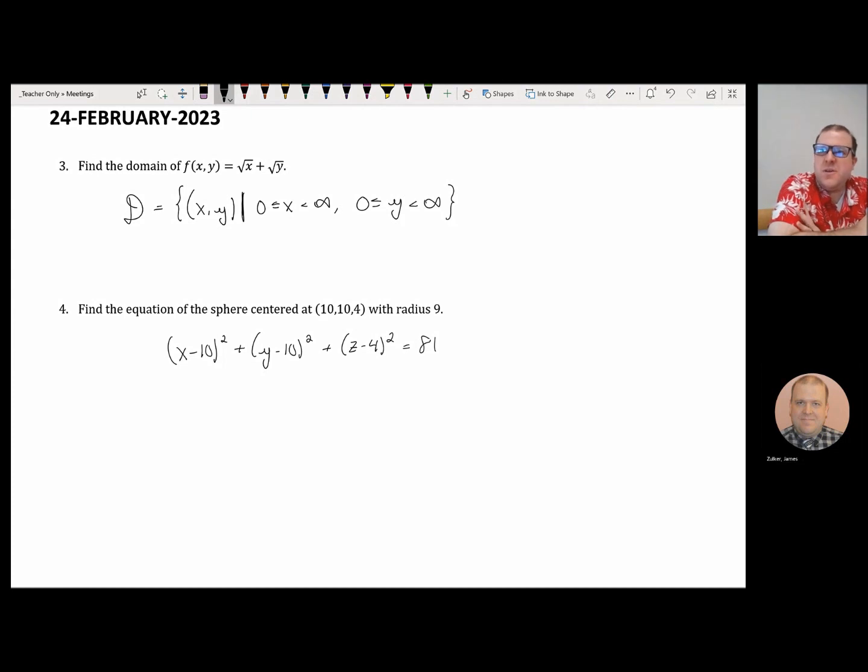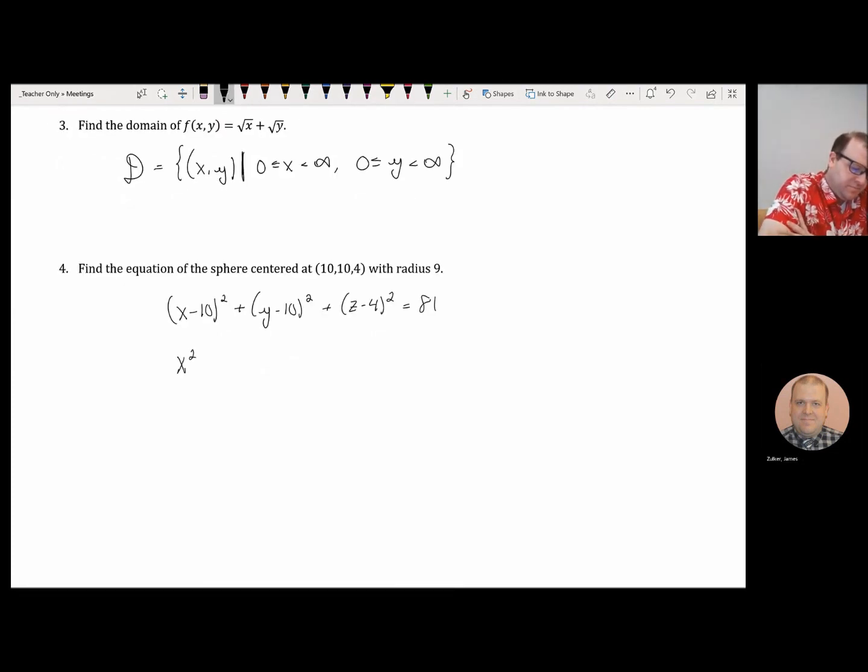Of course, we can expand that out. Good. 216. 216 minus 81. 30. 135.